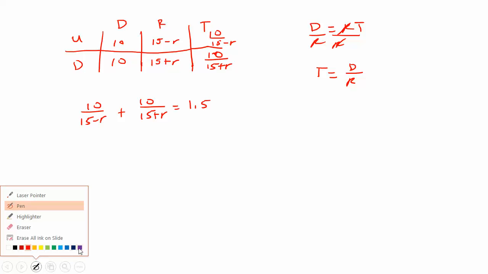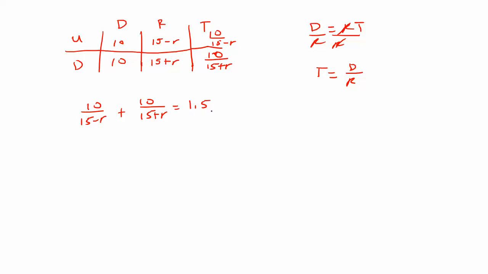Now here we would want to clear our denominators out of here. We don't want those variables in our denominator. So we're going to multiply everything by the common denominator of 15 minus R times 15 plus R. Alright, so now with this first fraction, the 15 minus R will cancel because I have this in my numerator and my denominator.